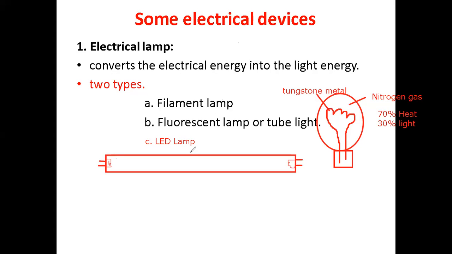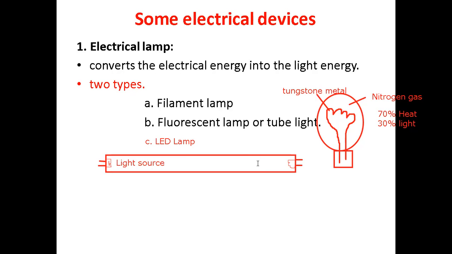Inside, mercury vapor is filled in the tube light, and energy is produced from these two ends only. The light source is this point and this point.